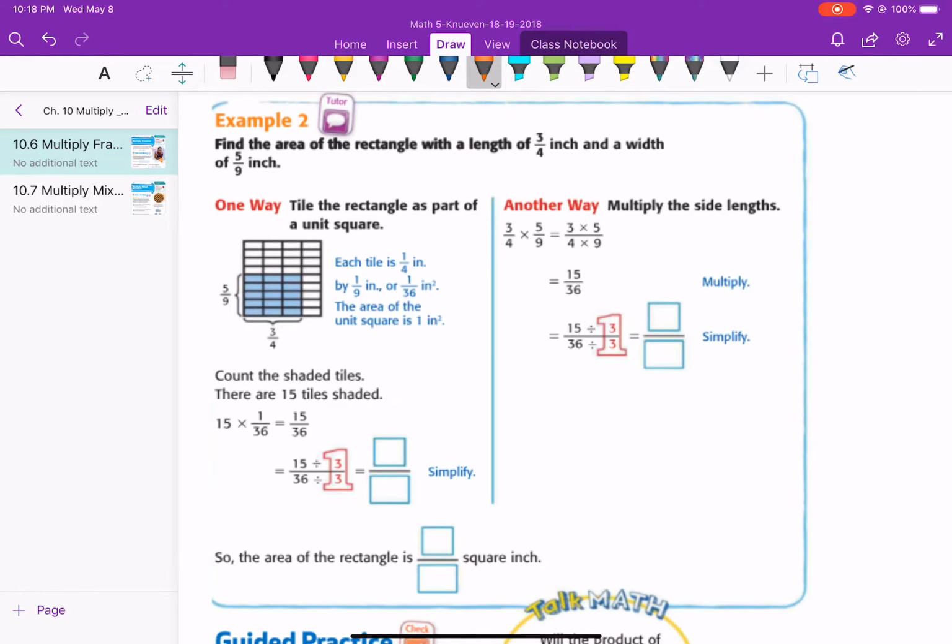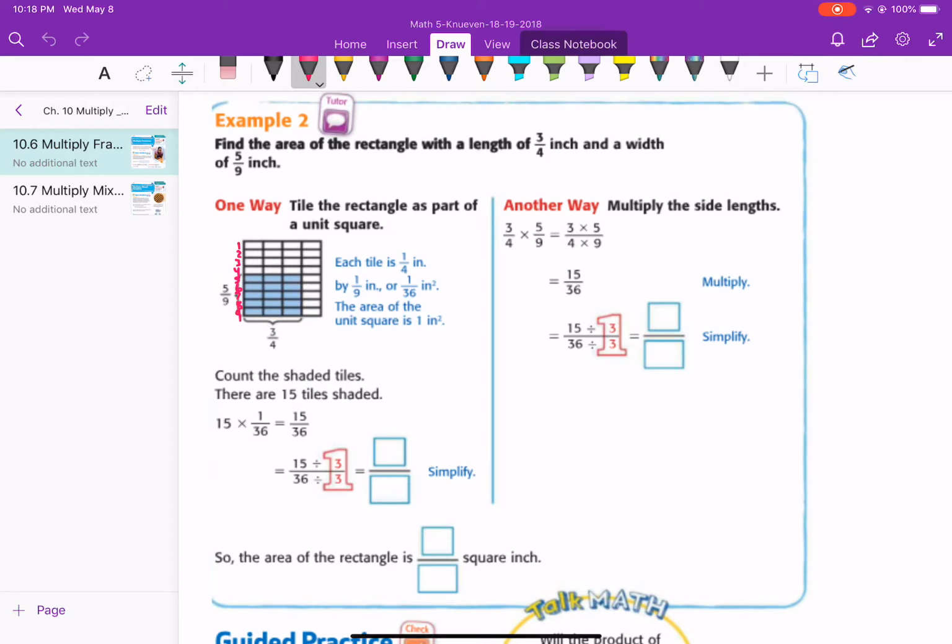So in our tile method, I see that I have 5/9 because I have 1, 2, 3, 4, 5, 6, 7, 8, 9 of these, and 5 of them are shaded.